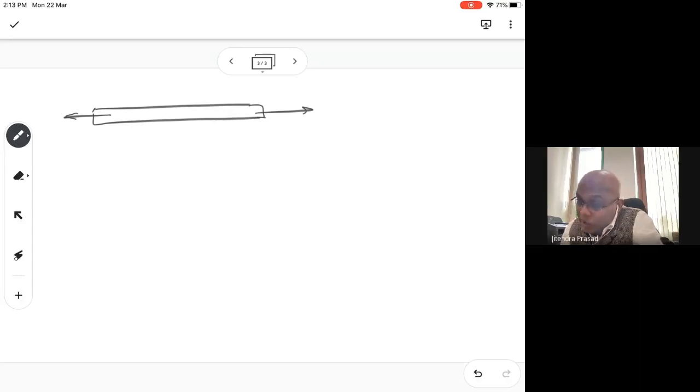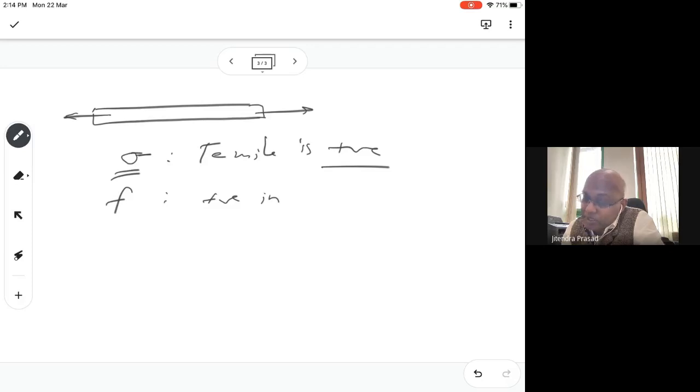When you say sigma, tensile is positive. But when you talk about force, then positive is in which direction? In the positive x direction.